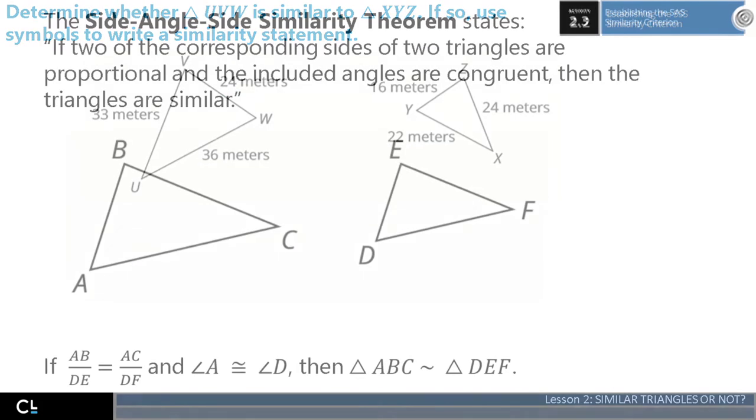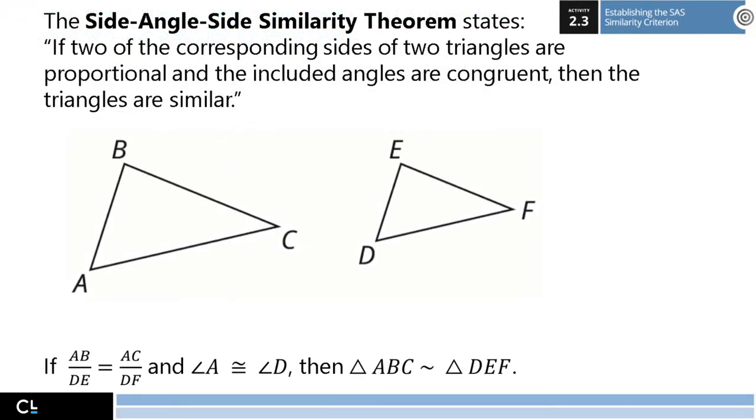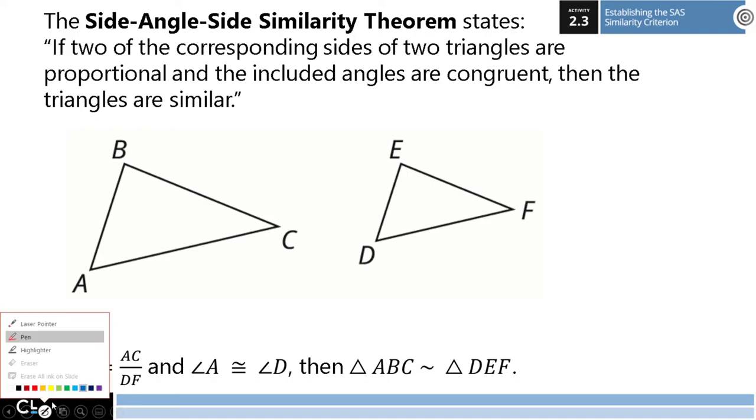Let's move on. Last one, we have our side angle side similarity theorem. And now this one says if two corresponding sides of two triangles are proportional and the included angles are congruent, then the triangles are similar. So for this one, the sides that we're talking about, I'm going to underline like in the first one.